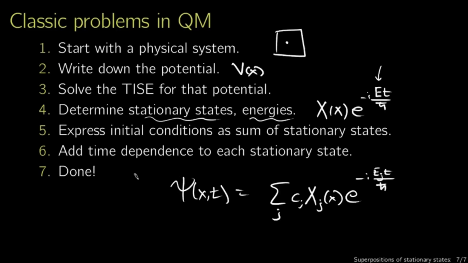This is your general solution. You've properly chosen your c sub j's such that you solve your initial conditions. You're guaranteed to solve the Schrödinger equation because you're expressing things as a superposition of stationary states. And this general wave function is then something that you can use to answer meaningful physical questions.